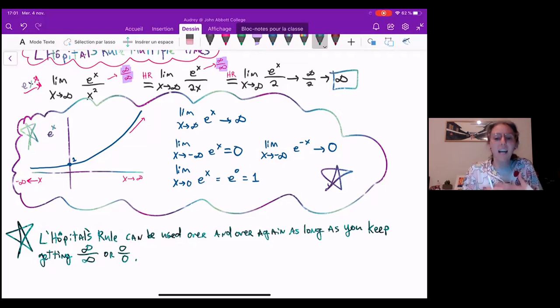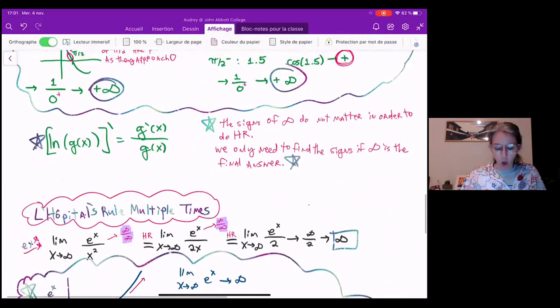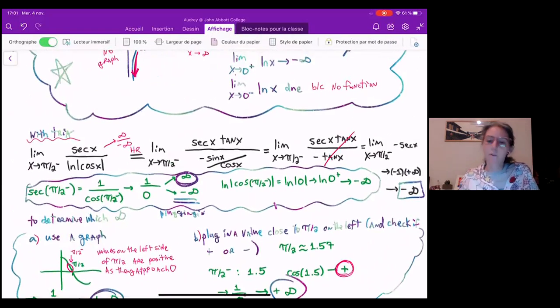Every time we have applied L'Hopital's rule, before we even think about doing it again, we should always simplify. So I actually want to bring us up to this previous problem that we did right here, ln of cosine x with secant x on top. Notice how I didn't even plug in again before I simplified up here. I said negative sine over cosine is tangent, so I can actually cancel those out. Plugging in again would have actually resulted in infinity over infinity again. But using L'Hopital's rule again would not have been helpful. Simplifying first allowed us to just immediately have the answer.